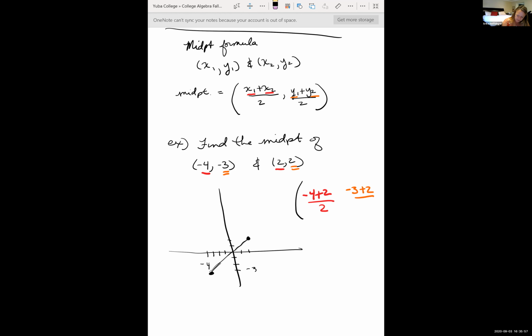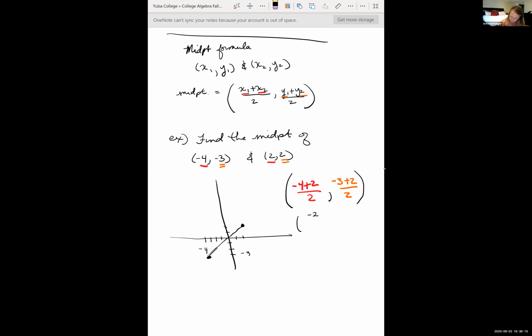So simplify the numerator and then divide. So our x value, -4 plus 2 is -2, -2 over 2. And then -3 plus 2, that's -1 all over 2. So this says -1, -1/2.